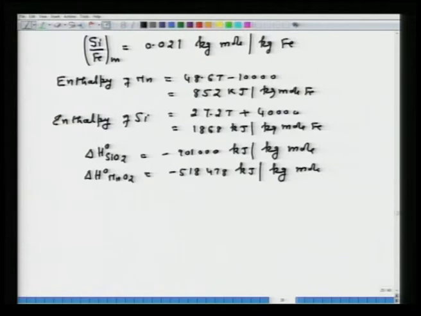Say 0.021 kg mole of silicon will require 0.021 kg mole of SiO2. Similarly, manganese also. So, if you calculate all that, you have to multiply by the kg mole of silicon equal to kg mole of SiO2, and the MnO2 quantity, then we get heat demand.